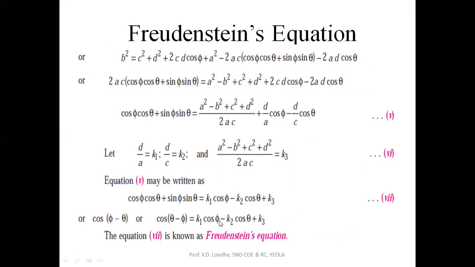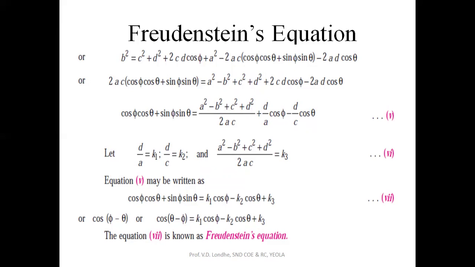And the Freudenstein equation is K1 cos phi minus K2 cos theta plus K3 is equal to cos of theta minus phi, where K1, K2, K3 are the constants. Theta is the angle made by the crank and phi is the angle made by the output link with respect to the horizontal. In this way, we get the Freudenstein equation.